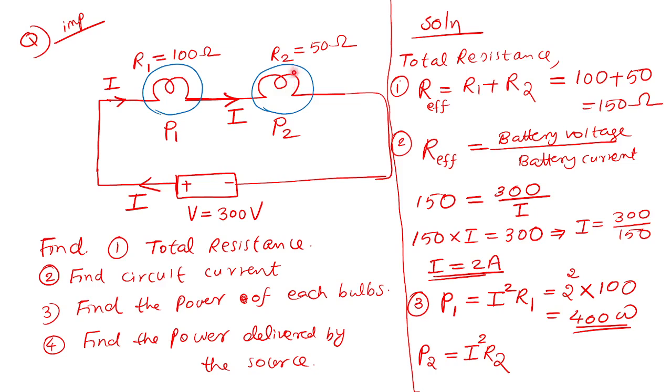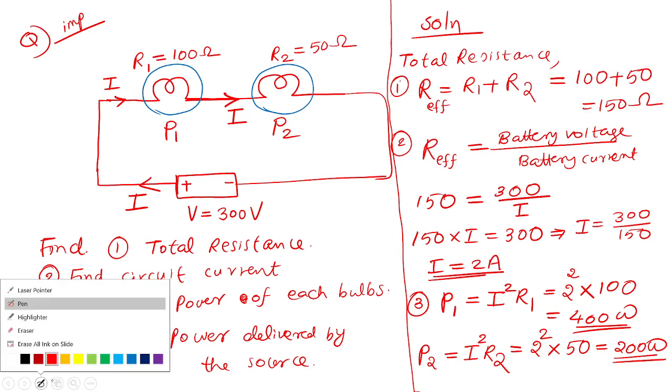So the current passing through the second bulb is also I. I square R2, I is 2, R2 is 50. 4 into 50, 200 watts. So the first bulb is 400 watt, but the second bulb is 200 watts. Clear?